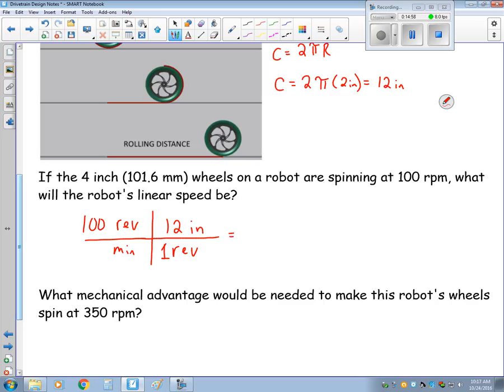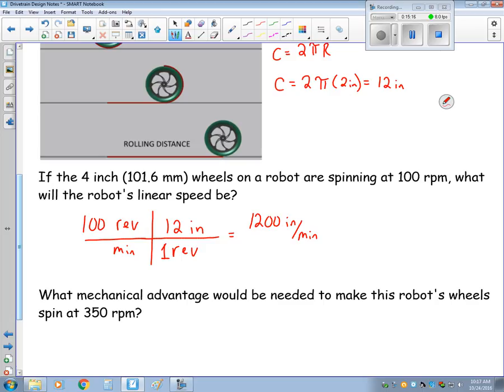So really I'm left with 1,200 inches per minute. That seems awfully high. But remember, that's inches per minute.